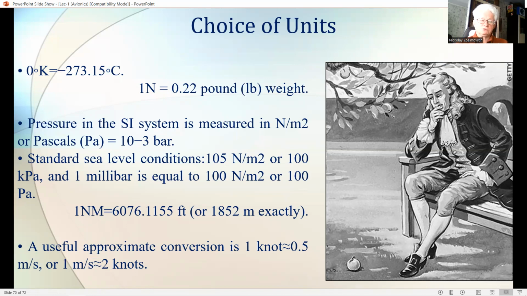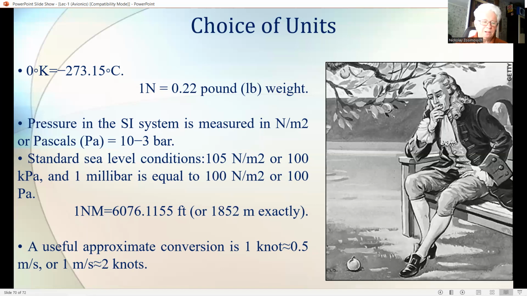Speed is also quoted in knots, as this unit is widely used in navigation. 1 knot is 1 nautical mile, nm, per hour. 1 nautical mile is equal to the length of the arc of the Earth's surface subtended by an angle of 1 minute of arc, measured from the Earth's center, and can be related directly to latitude and longitude.